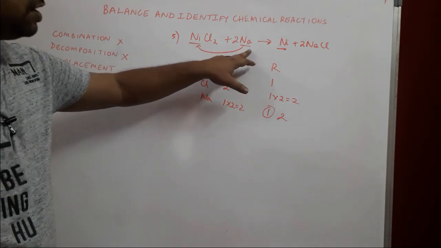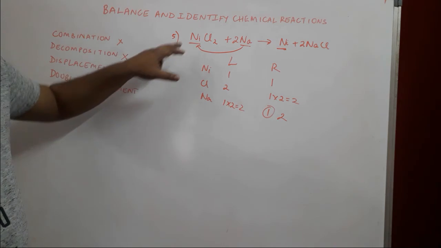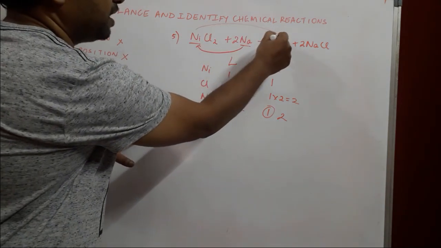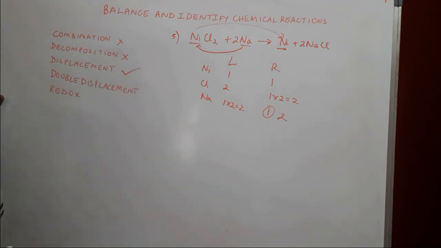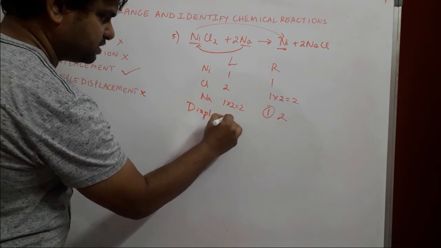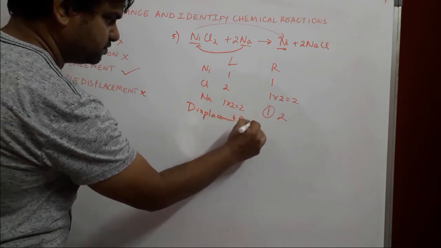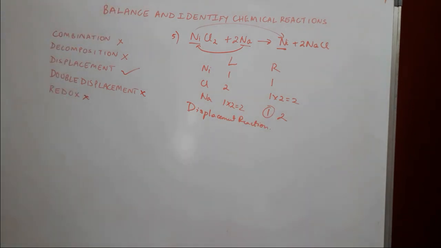So that is why sodium combines with chlorine, knocks nickel out, and nickel is left all by itself. So this is a type of displacement reaction. We can rule out double displacement and redox reaction. So this is an example of displacement reaction. Okay, got it? We'll take one last reaction.